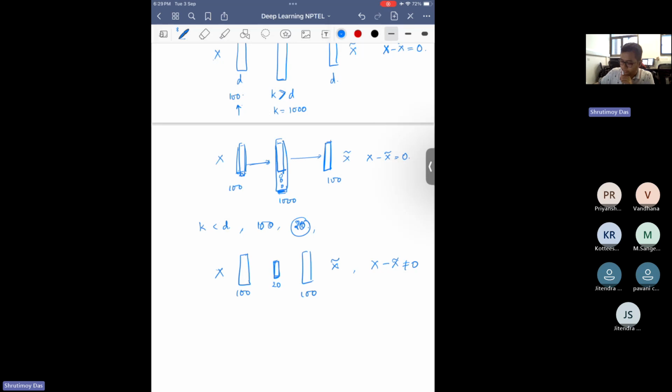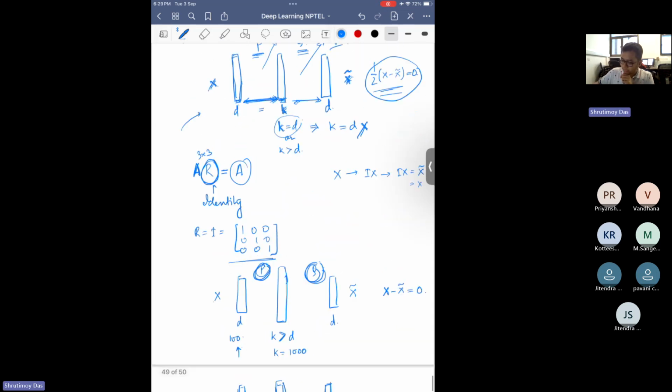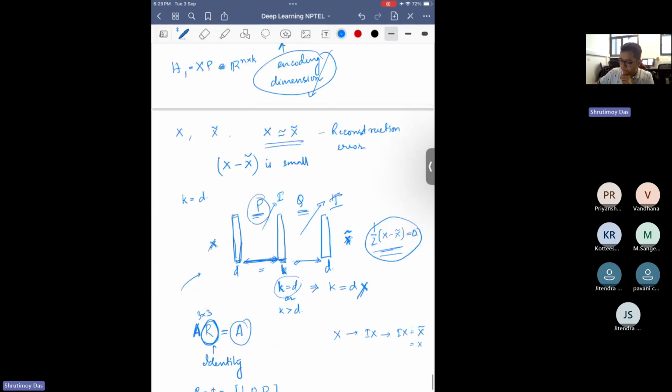There is still a loss of information, because there may be some principal components that are not zero, so those are not captured. You'll not get back the exact x, you'll get back an approximation of x, so you'll have a non-zero loss. These are only the cases when we are in the linear regime, which means we are only doing matrix multiplication.